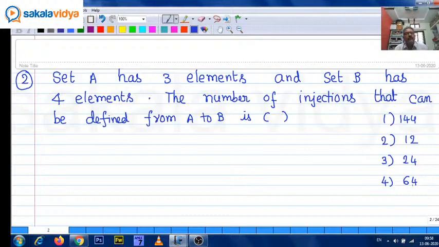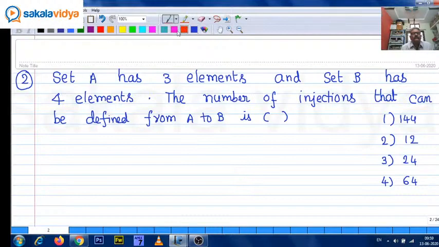So first we need to write the cardinality of the set A. Next we need to write the cardinality of B, that is n of A and n of B. N of A is 3, n of B is 4. We need to check whether n of A is less than n of B. If n of A is less than n of B, then only one-to-one function or injection may be defined, or else the number of injections will be 0 if it is not possible. That we need to check first.